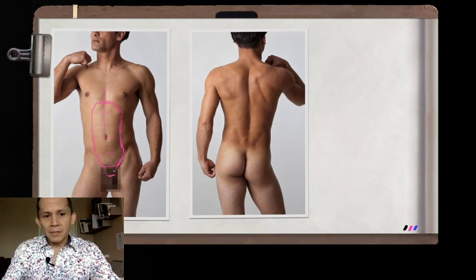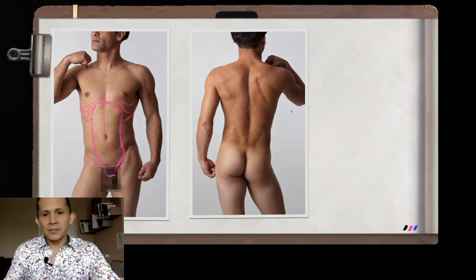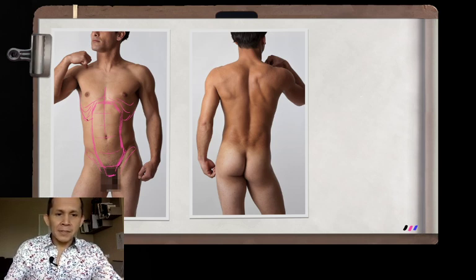The rectus abdominis connects the rib cage to the pelvis. That's why it's important. It's kind of like a hinge. It's a joint. So we need to become familiar with that. Of all the muscles, in my mind, this is the most important.